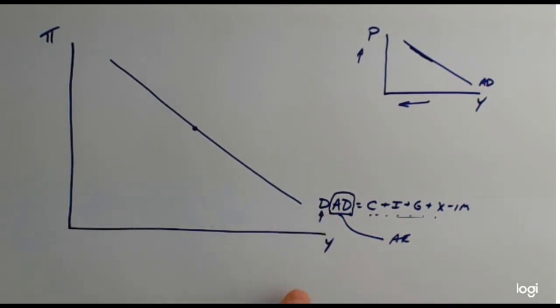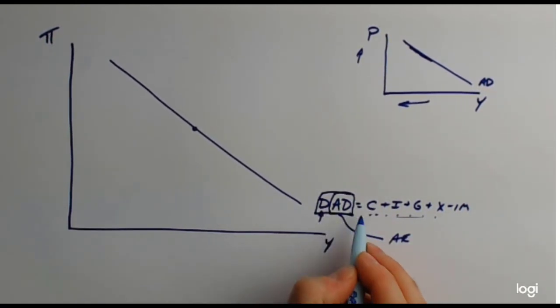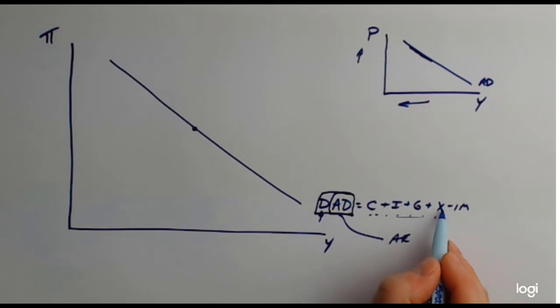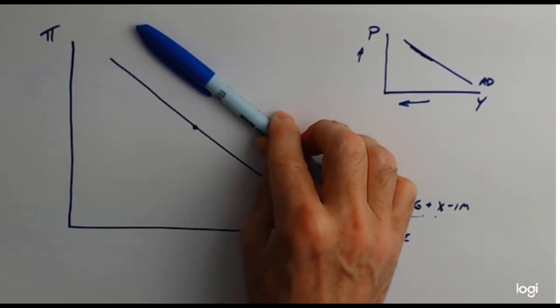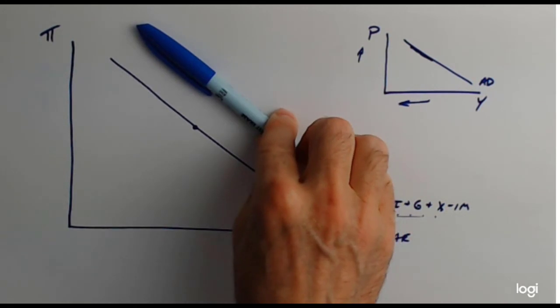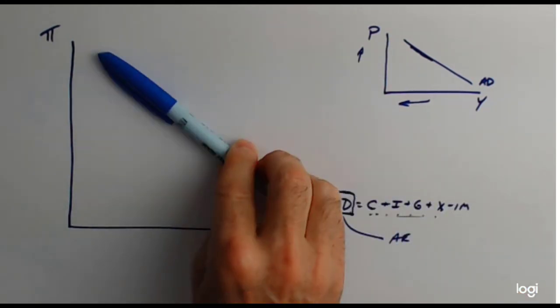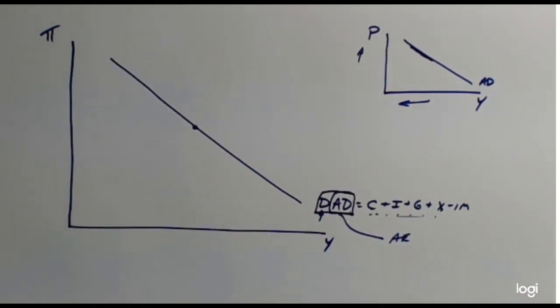So now, what shifts the whole dynamic aggregate demand curve? Well, C, I, G, or net exports, if they go up, it's going to shift this demand curve to the right. And obviously, if they go down, it'll shift it to the left. Now, what else shifts it? We just saw a few minutes ago that the monetary policy reaction curve will shift it.